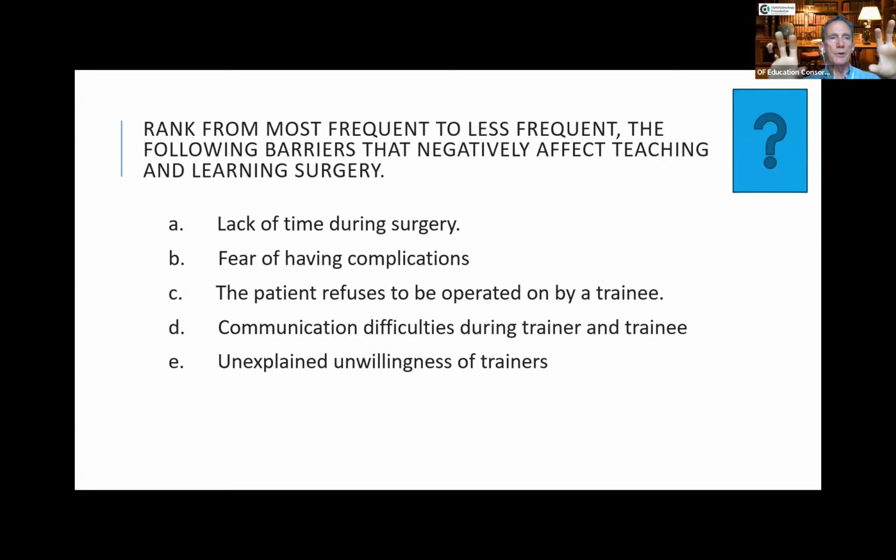Probably all these barriers appear in every residency program. And what I'm asking is you rank them from the most frequent that negatively affects teaching and learning surgery. So now, the first thing you have to do is look at the list, choose the one you think is first for you, go to the down arrow that is beside it, click on it, and then put a 1 in the one that you think is the one that more affects your teaching. And then with the rest, go down and order them in that way.